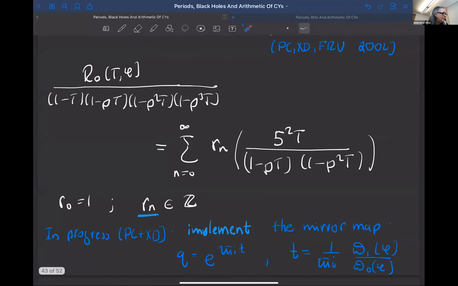One can take the polynomial of degree 4 and divide it by the denominator of the mirror, and then you obtain a very nice series, with coefficients that are integers. We don't know what these are counting, but we suspect they are related to some counting of rational curves. We are thinking about how to understand this at the moment. This involves a mirror map. This was the arithmetic meaning of the mirror map.